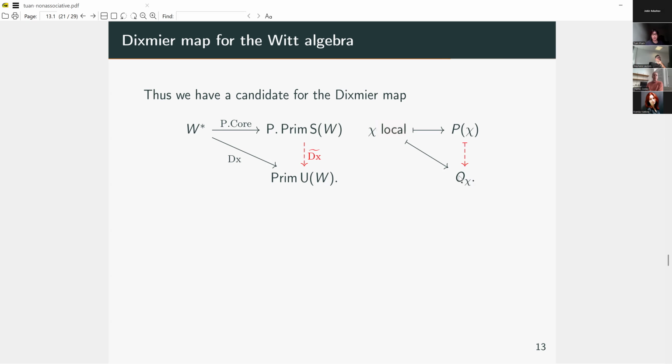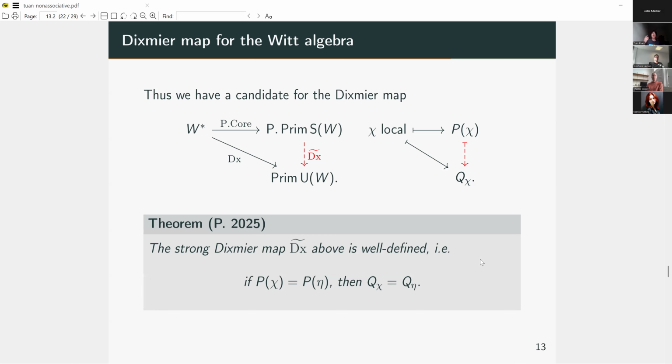So a natural question is whether there exists a map from the Poisson primitive spectrum of S of W to Prim of U of W. Her paper ends here, where she conjectured that this map is well defined, and indeed in our paper we proved that the Dixmier map is well defined. So if you have P chi equals P eta, then indeed Q chi is equal to Q eta.